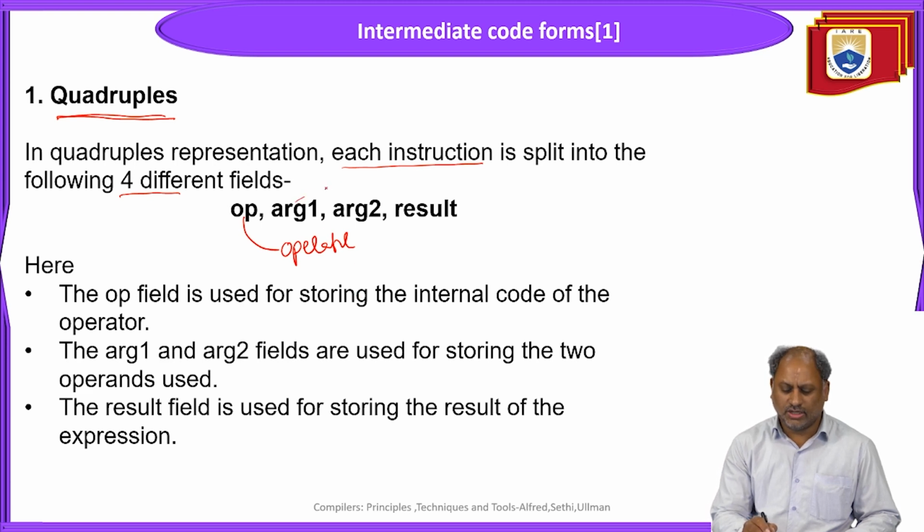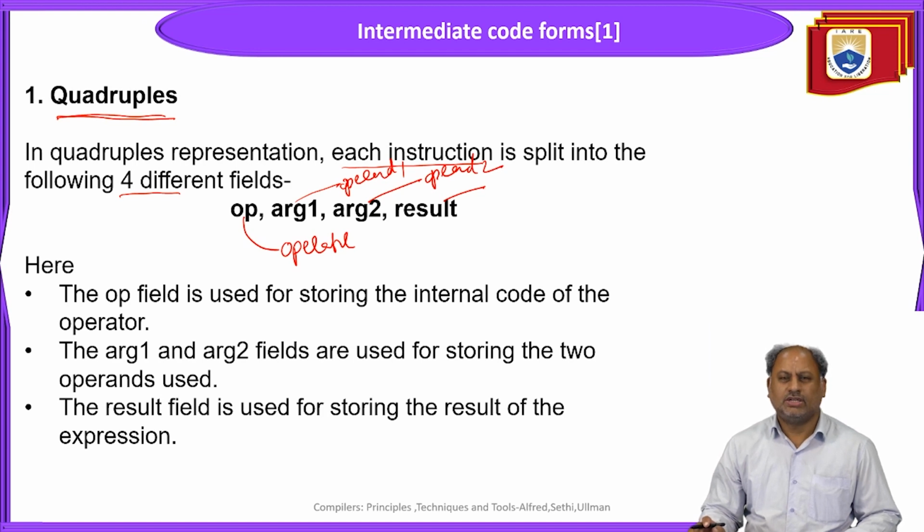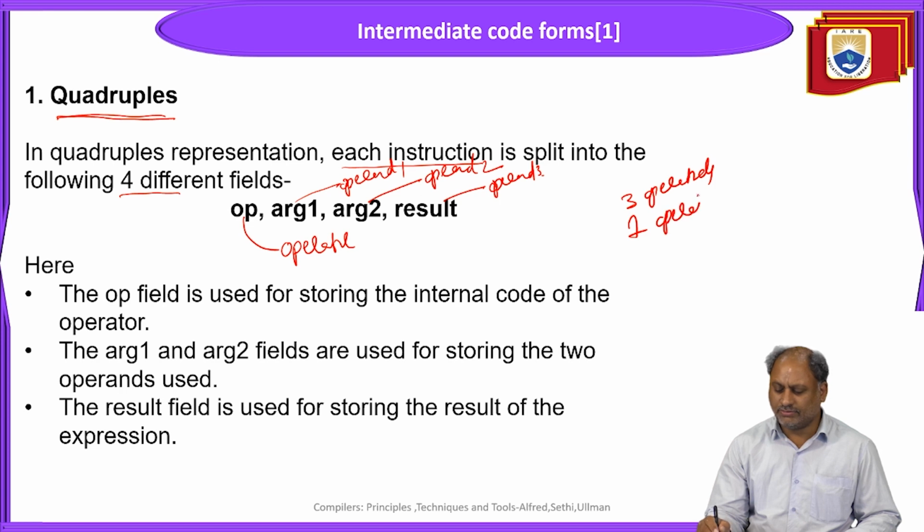Another one is one argument, that is operand 1. Another argument, that is operand 2. And the result. Result means when we perform the expression, that is where the value is to be stored. Now, we said at most three operands and one operator.